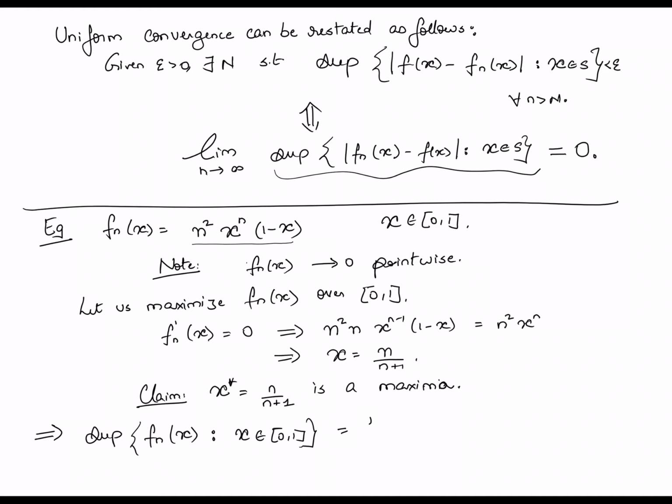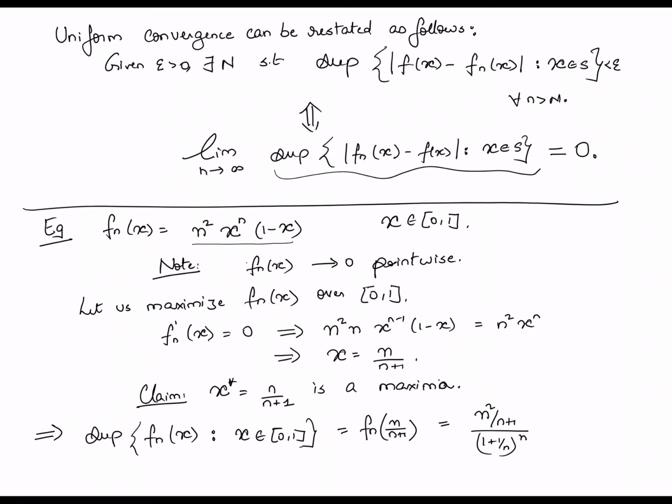Well, this is in fact simply going to be f_n evaluated at x star, which is n by n plus 1. Okay, which again, after a bit of substitution, can be shown to be n squared by (n plus 1) upon (1 plus 1 by n) the whole raised to n.